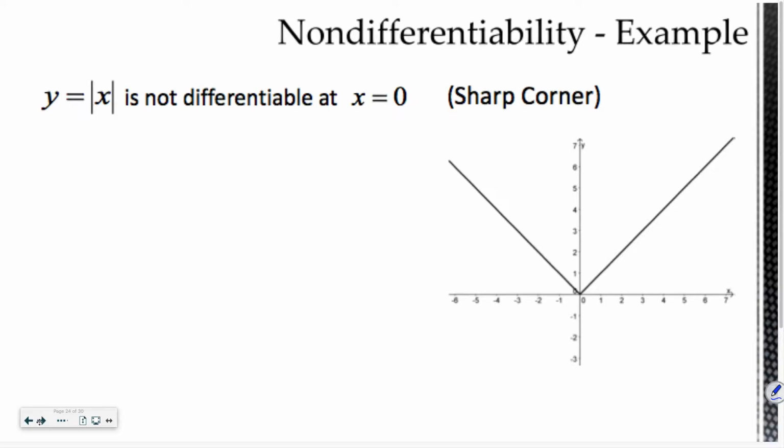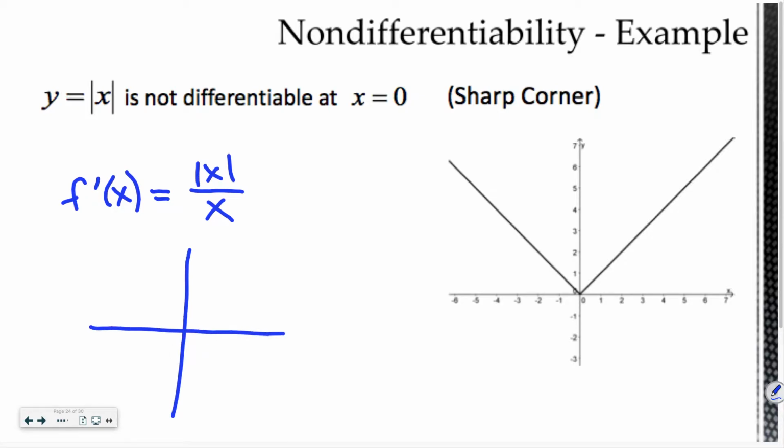You don't need to write this down. But the derivative of the absolute value of x is the absolute value of x over x. Look familiar? Right? And we know that graph looks like this. We don't have a value at 0 because it's not differentiable there. There's a corner.